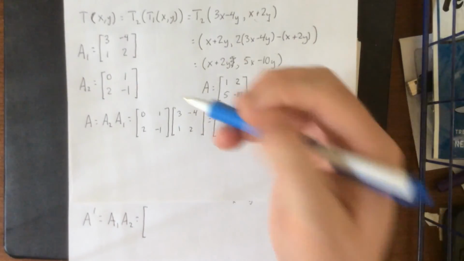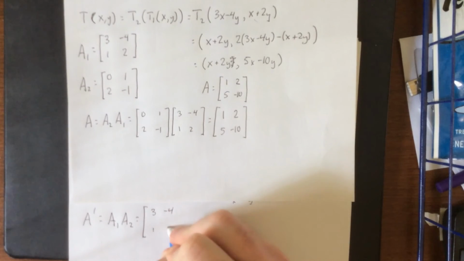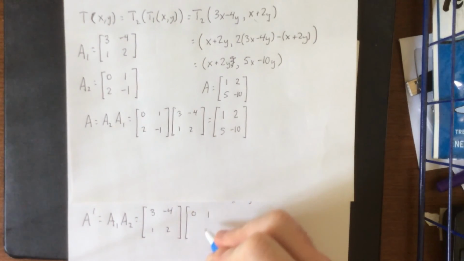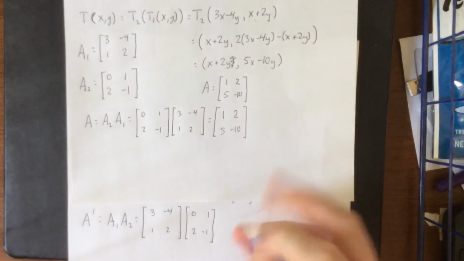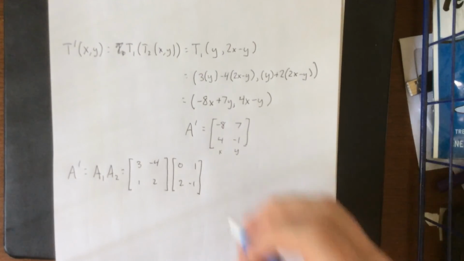Borrowing these matrices from the previous page, matrix A1 is [3, negative 4; 1, 2]. And then matrix A2 is [0, 1; 2, negative 1]. And then once again, we can start multiplying these in the typical fashion.